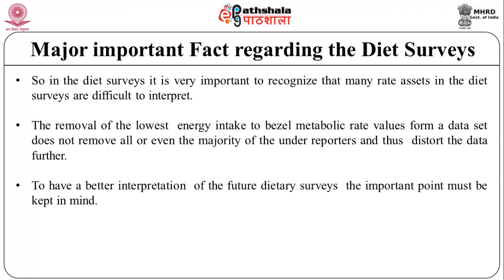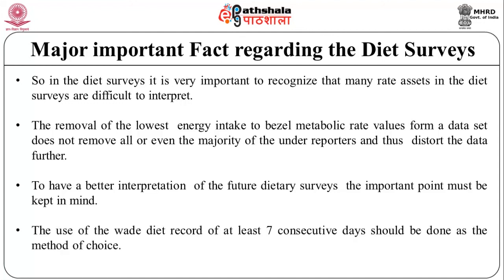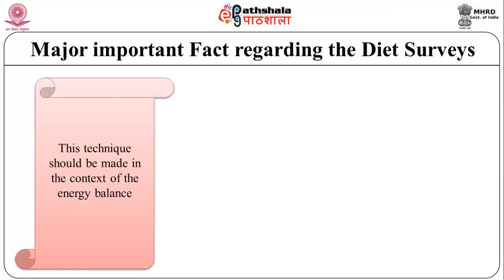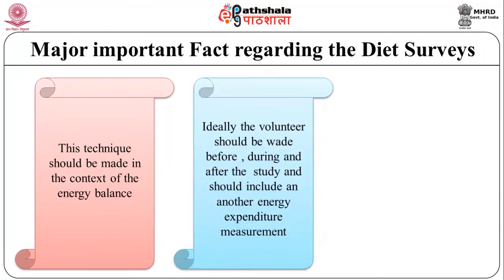To have a better interpretation of future dietary surveys, important points must be kept in mind. The use of a weighed diet record of at least 7 consecutive days should be the method of choice. This technique should be used in the context of energy balance. Ideally, the volunteer should be weighed before, during and after the study and should include an energy expenditure measurement.